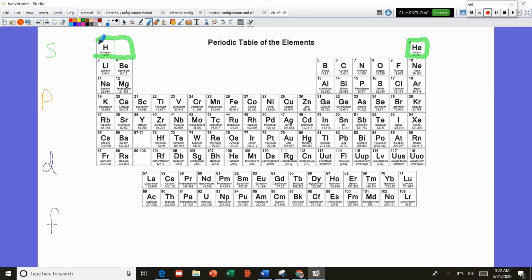And so this entire box represents our S. All right. So just to kind of reference it, this would be 1s, 2s, 3s, 4s, 5s, 6s, 7s.